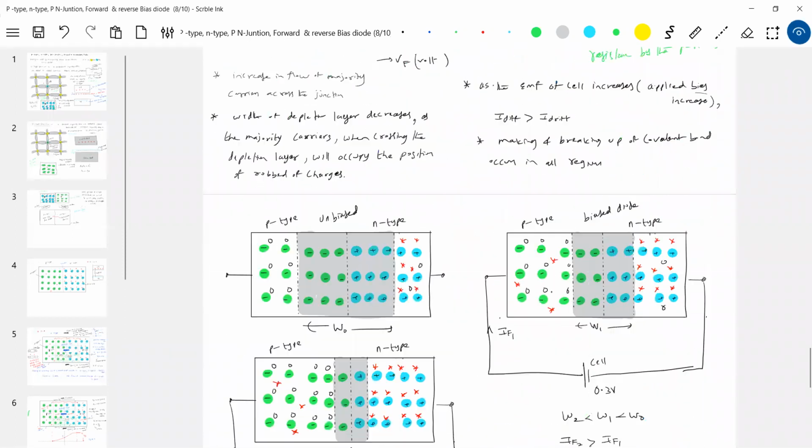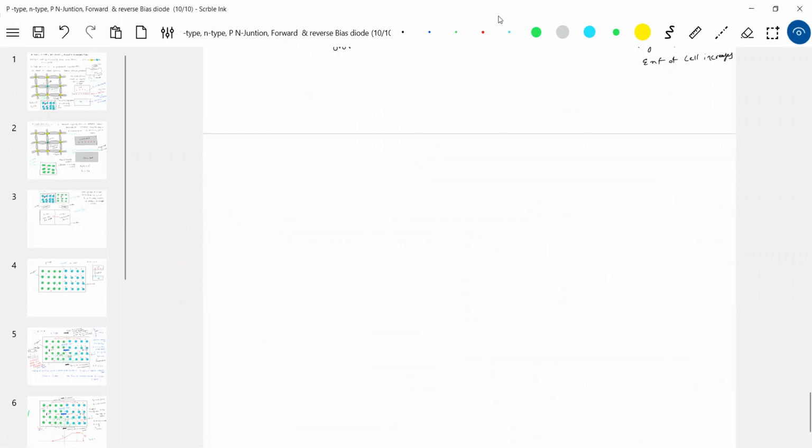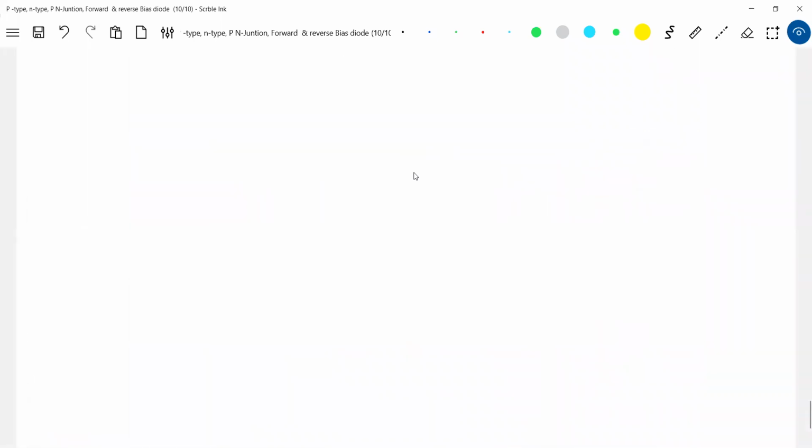Now, as I increase the temperature, what will happen? The curve will shift.